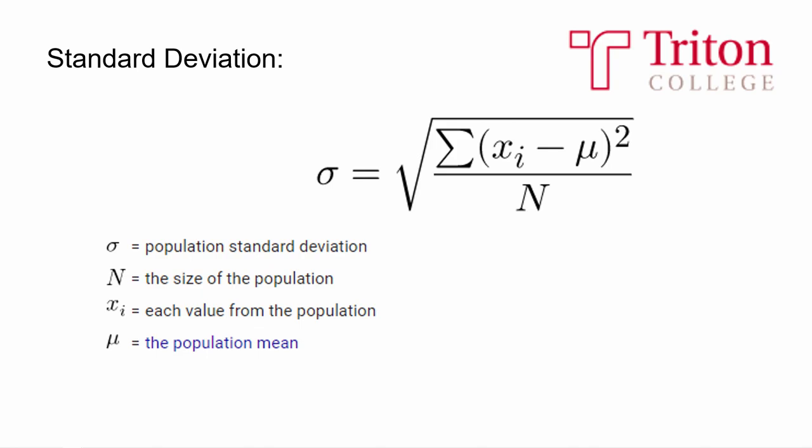But what I'm going to do is show you two different populations and how we can use the standard deviation to mathematically model things and draw conclusions from two different data sets.